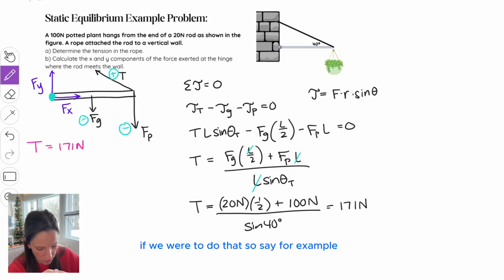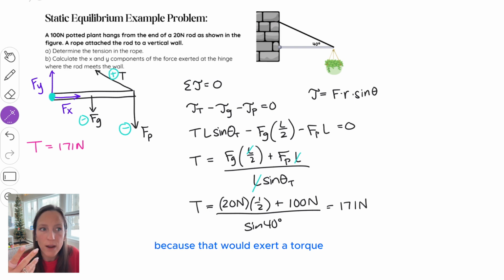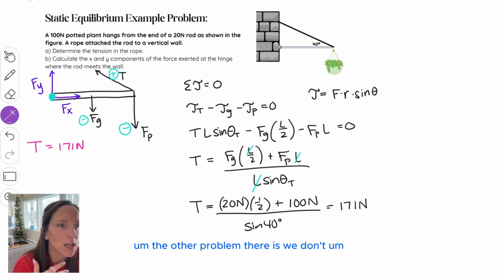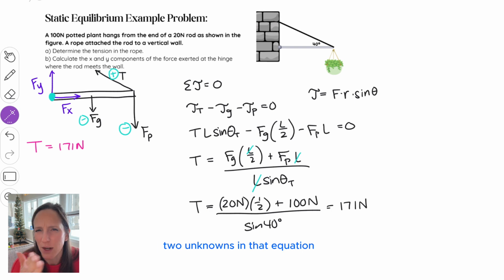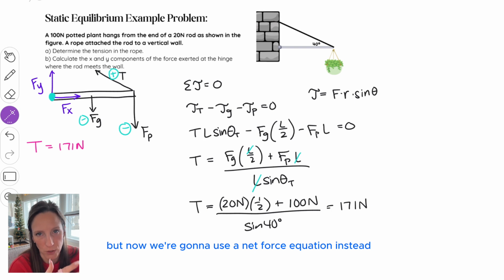If we were to switch our pivot point from the left end to the right end, we would be able to calculate Fy because that would exert a torque, but the angle between Fx and R would be 0. The other problem there is that would give us essentially 2 unknowns in that equation. So it doesn't work for multiple reasons, but now we're going to use a net force equation instead.